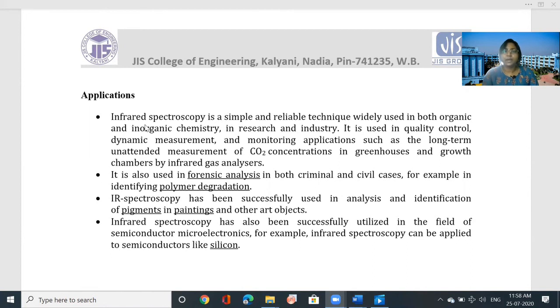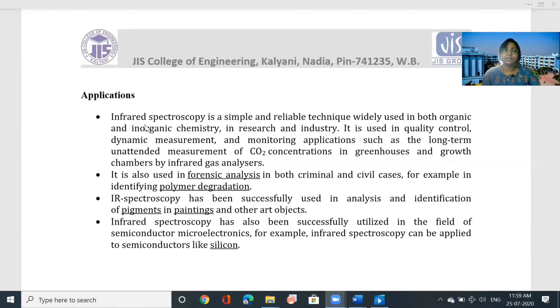So if I summarize what you have learned, first of all, you have learned what the different types of electromagnetic radiation are, what the ranges of the IR radiation, infrared radiation, are, and how it works.